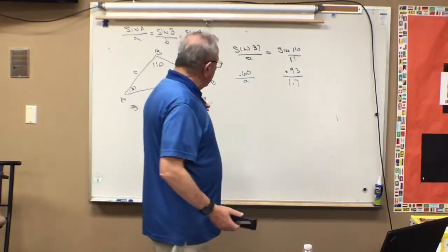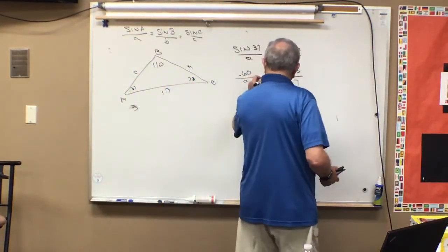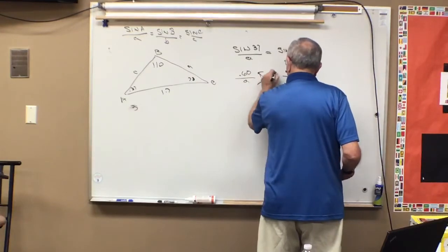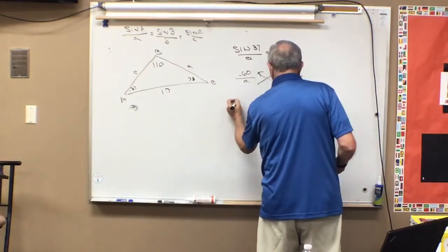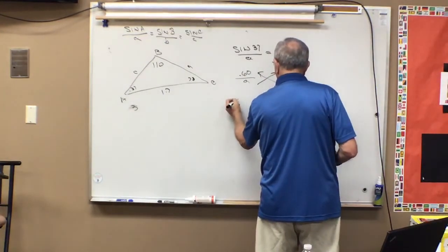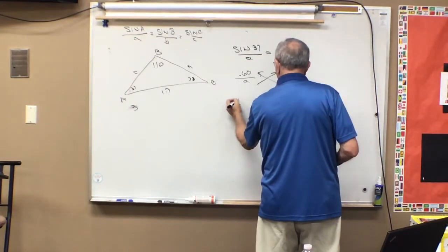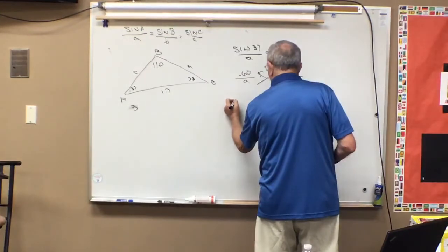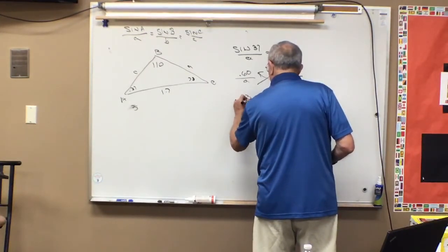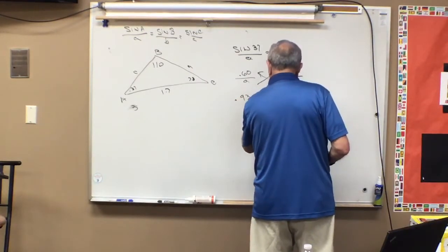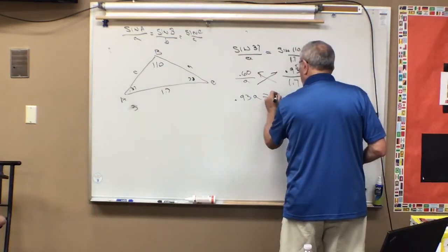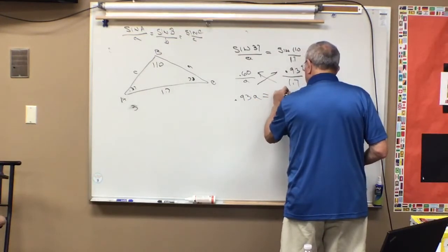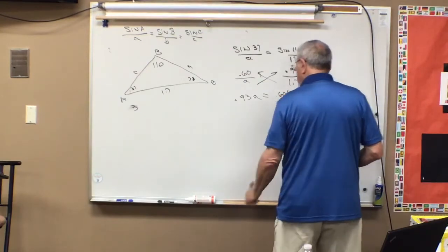So again, it's going to be 0.93A equals 0.60 times 1.7, isn't it?